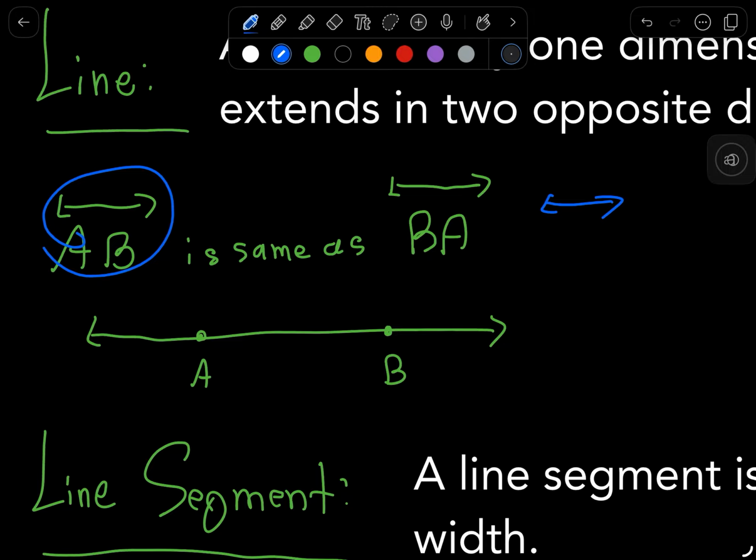That's essentially the entire notation for a line. Sometimes you have A, B here, but it can also be B, A. The order doesn't matter when you're writing the notation down for a line.